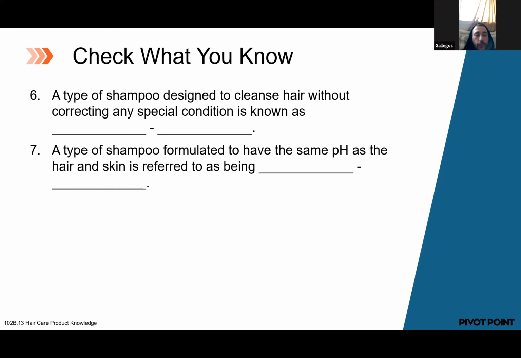Which one's clarifying? Is that the one that repairs it? No, clarifying is the one that's going to strip it out. Okay. So I'm thinking it's probably just a plain shampoo because it's not doing anything special. It's not correcting any kind of condition or anything.